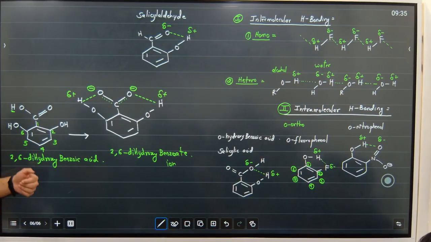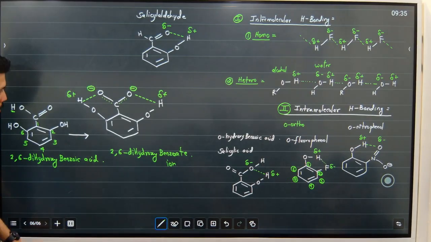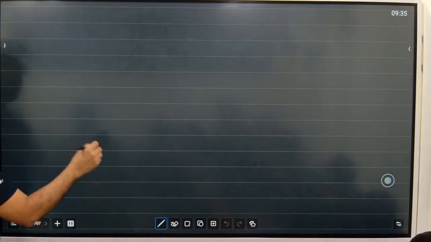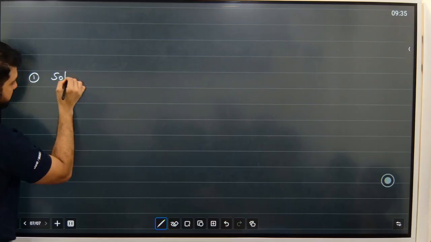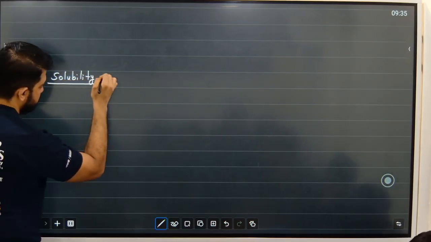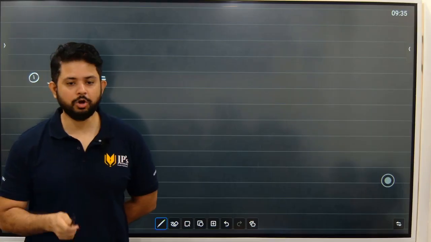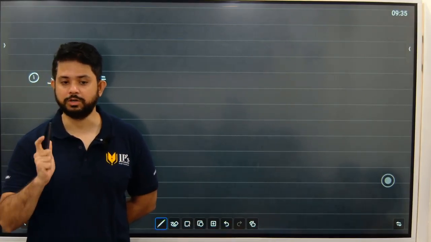Okay, there are one or two more examples ahead, which we will study with the effects on physical properties. Chalo, now let's understand how hydrogen bonding affects different physical properties. The first physical property that we'll study is solubility. Now, alcohol is soluble in water.